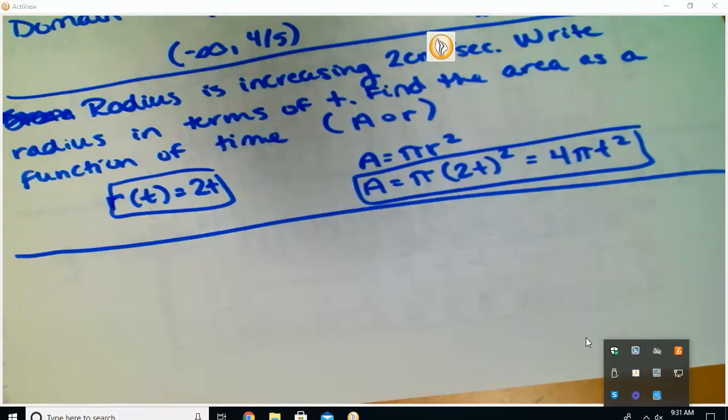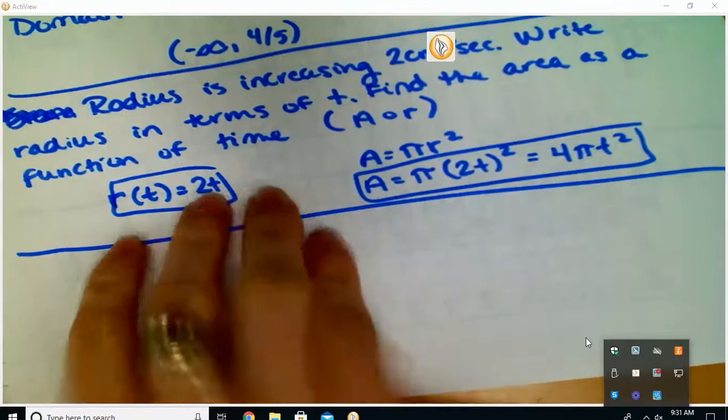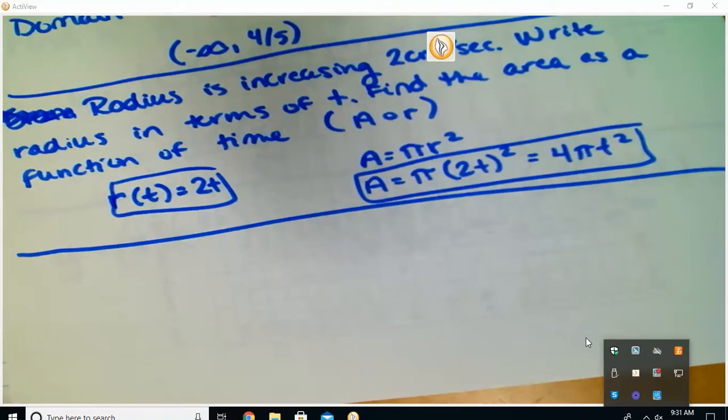On number 4, it said express cost as a function, so the cost is your y. If I wanted the radius as a function of the time, the radius is the function, so the radius would be your y and your time would be your x. Whichever one is the function goes in the y, and then you can write the equation from there.